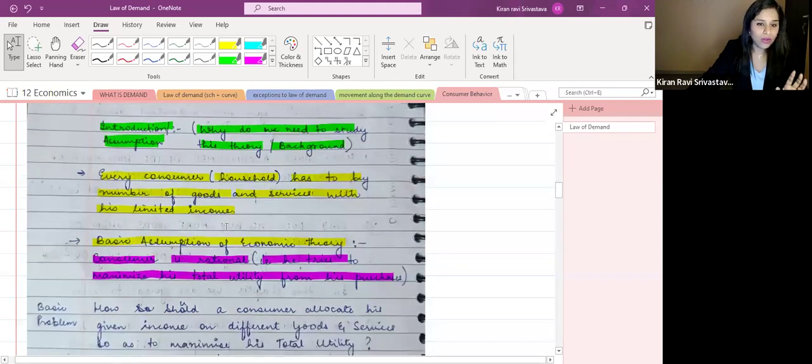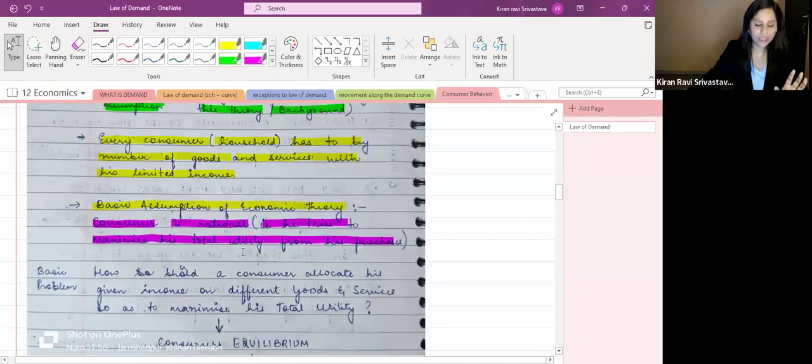So now this is just an introduction part. Now, what is the basic problem? Whenever a law is framed, that means there is a basic problem, and to overcome that problem, that law or principle has come. So the basic problem is, how should a consumer allocate his given income on different goods and services so as to maximize his total utility?